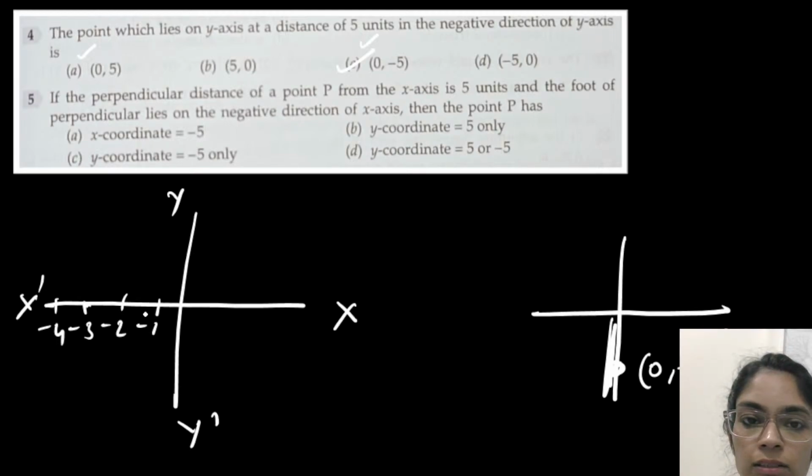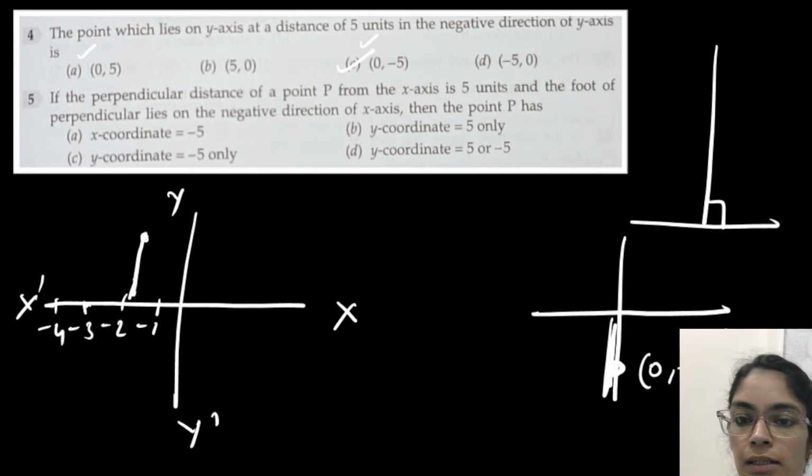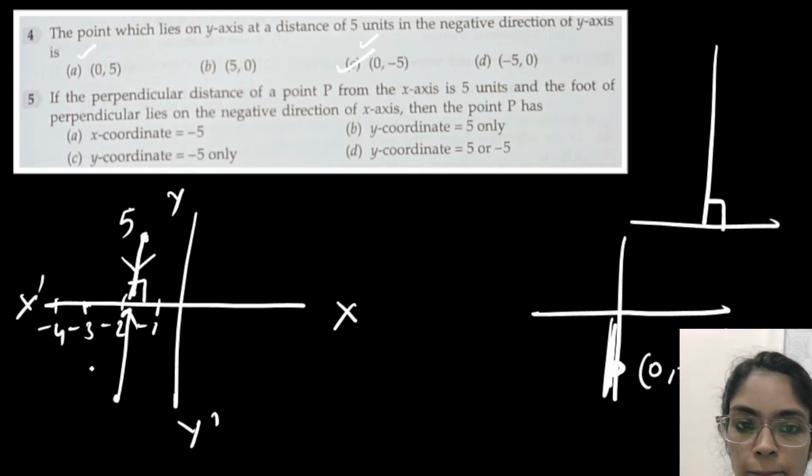So they are telling the distance is 5 units. Maybe some point is lying here and the foot of the perpendicular. Perpendicular means a line which makes an angle of 90 degrees with the x-axis. So either the line goes this way or from here the line goes that way, because they are telling the foot is towards the negative direction of the x-axis.